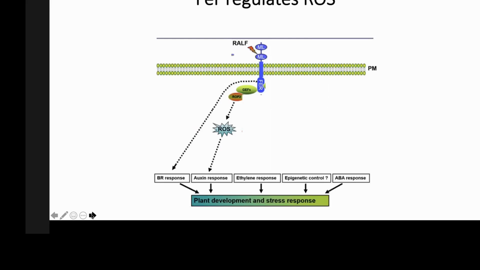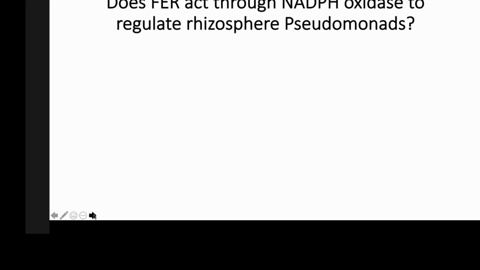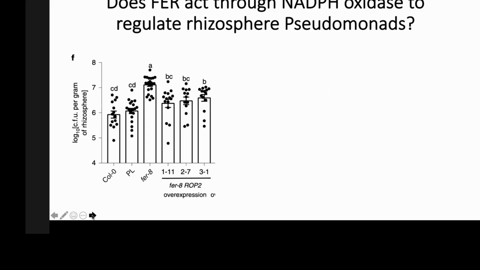So I kind of mentioned that FAIR is able to regulate ROS through these cysteine-rich peptides known as RALF. And FAIR is known to positively regulate RAP2 activity, and that in turn positively regulates NADPH oxidase. So they wanted to ask then, does FAIR act through these NADPH oxidases to regulate rhizosphere pseudomonads?